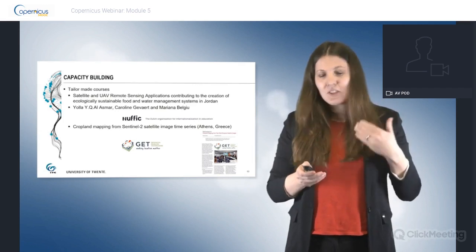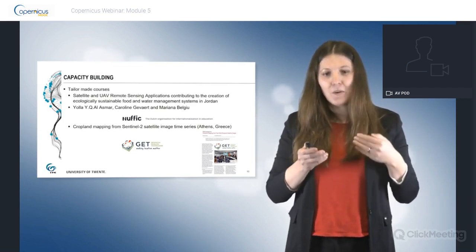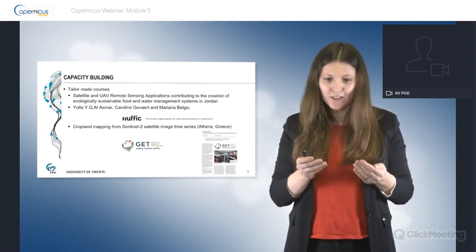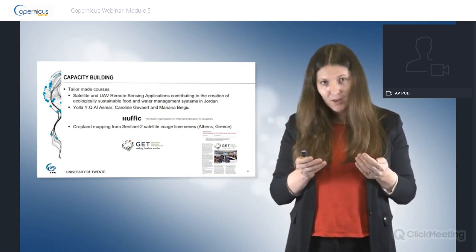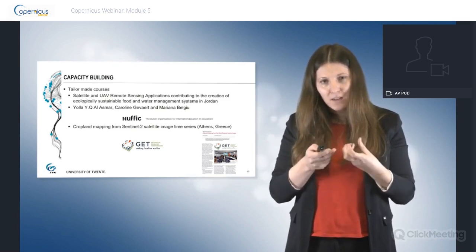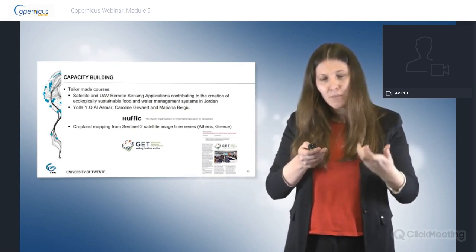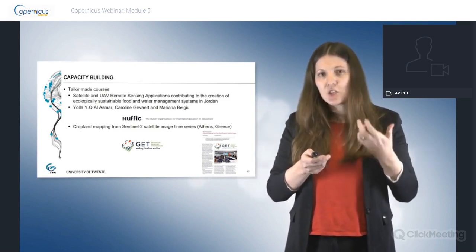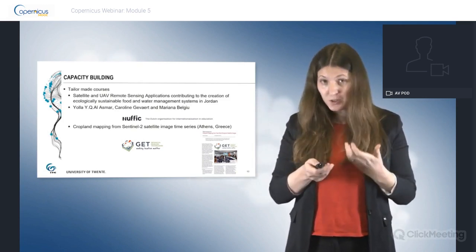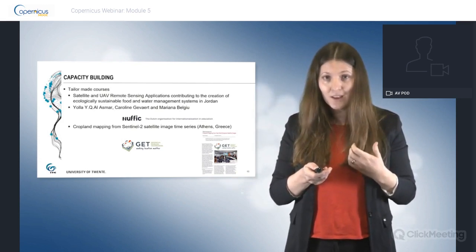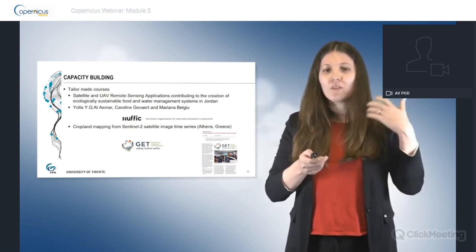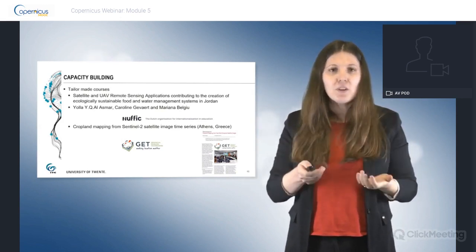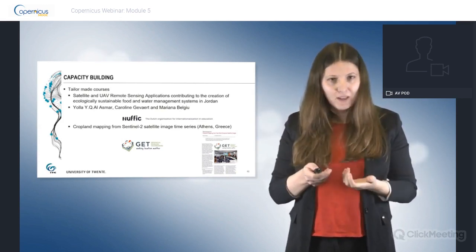All these research activities are really nice because they help us to solve societal challenges, but at the same time, the knowledge that we gain by using Copernicus data and by applying machine learning techniques is shared with the in-house students that we have here at ITC, but also with institutions, organizations, and universities from developing countries.